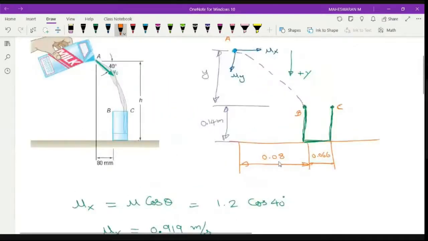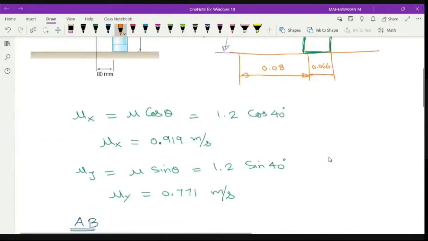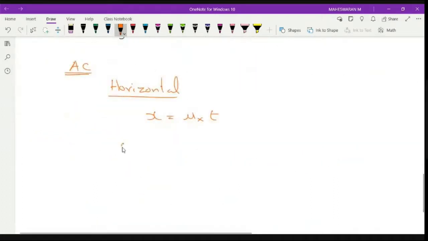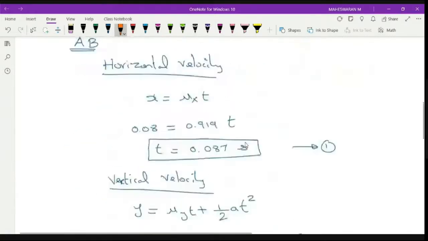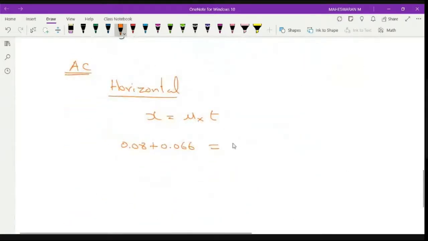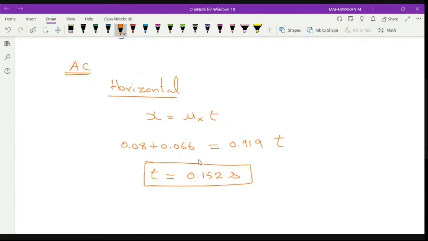It is 0.08 plus 0.066, which is equal to ux, which is already known, 0.919, into t. So can you find out the value of t now? 0.152 seconds. Good. We consider this as equation 2.